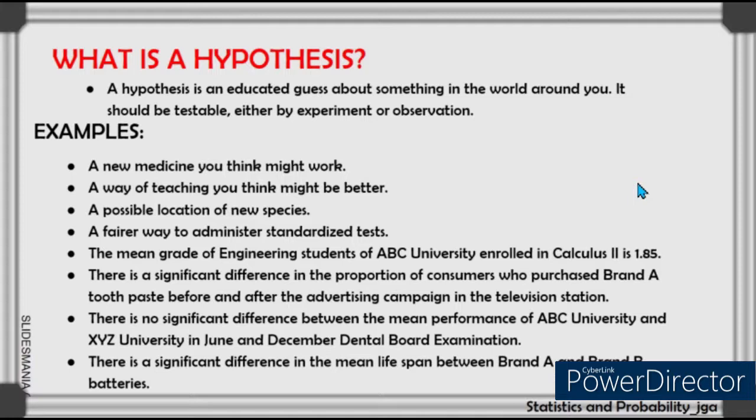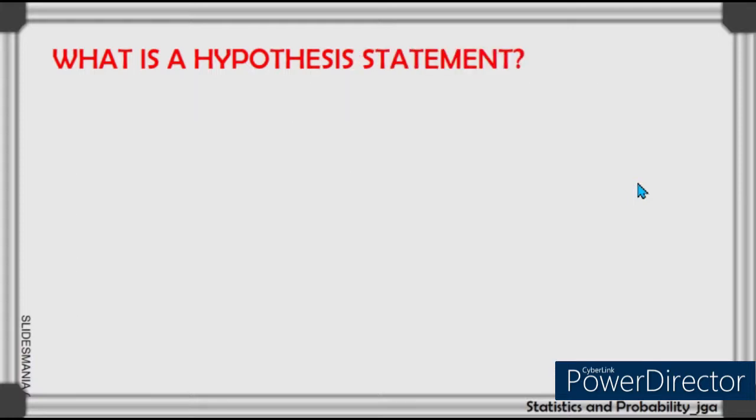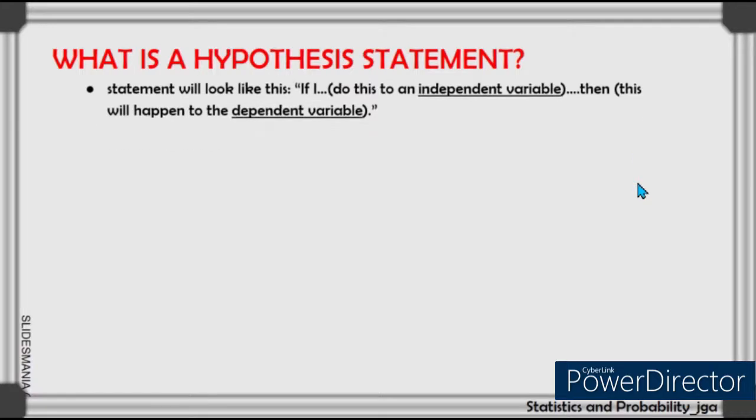Okay, if you are going to propose a hypothesis, it is customary to write a statement. Your statement will look like this: If I, then you state the independent variable, then what will happen to the dependent variable. The independent variable is what the researcher changes, and the dependent variable is affected by the change in the independent variable.